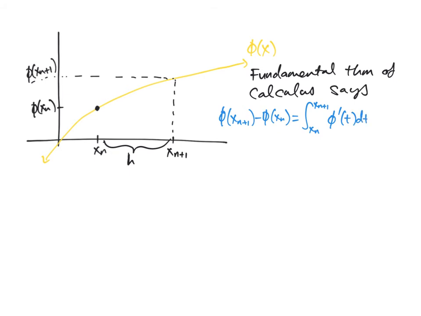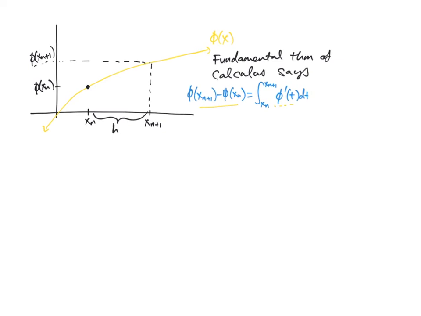I mean, think about that. If you were trying to solve this integral, you take the antiderivative, which is phi, and then evaluate it between xn plus 1 and xn, and you'd get exactly this, okay? That's why it's the fundamental theorem of calculus.